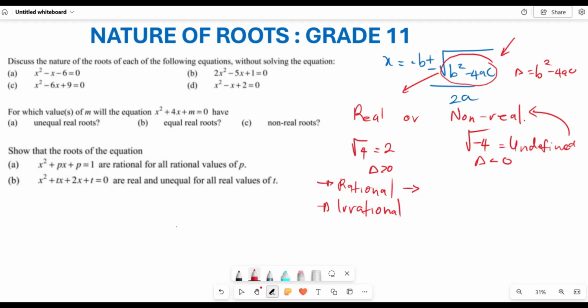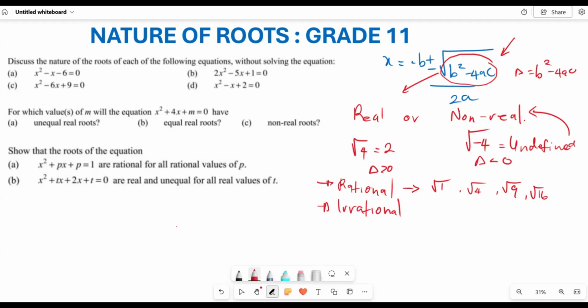Here, for example, when you're doing the square root of 1, the square root of 4, the square root of 9, and the square root of 16, these are going to be rational.